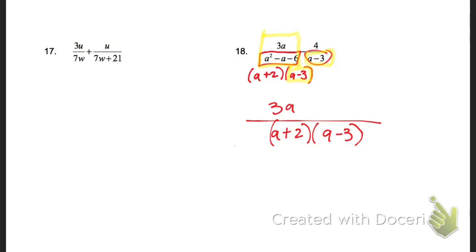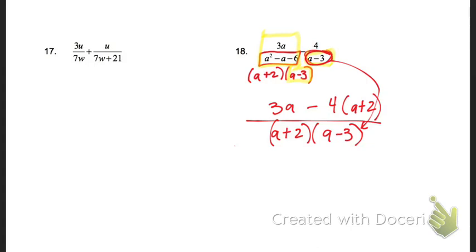Why not? Because my denominator is already as is. I don't need to change anything to the left-hand fraction. Does that mean you have to multiply 4a by both of them? Or 4 by both? And then 4, how do I turn this denominator into this? What do I need to multiply it by? a plus 2. So 4 times a plus 2.